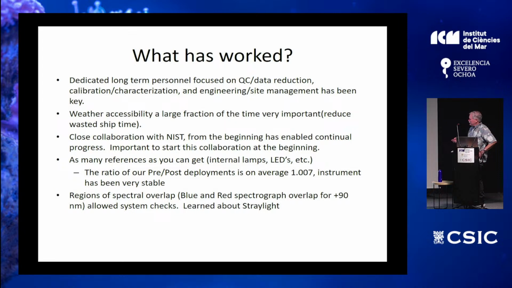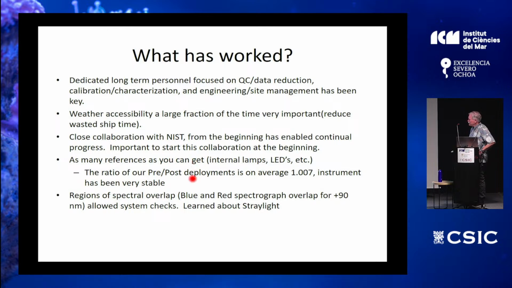So pretty close to the same team has been working on the data since '97. And so we have a very stable group of people that have a lot of experience now. The weather is good in Hawaii, so we can get to the site and work on it pretty reliably. We have this close collaboration with NIST, which has been very useful.